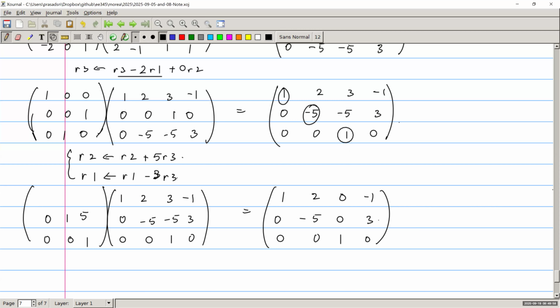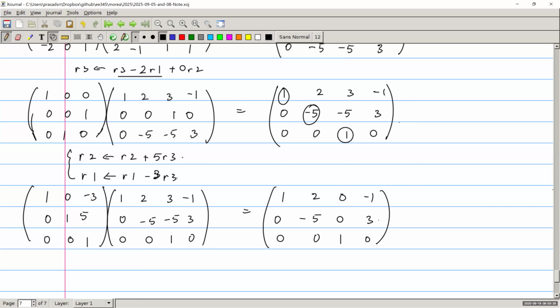The coefficients go here, and this is the linear combination. So what should I write in the first row? 1, 0, minus 3. Right, so everyone completely okay with this?